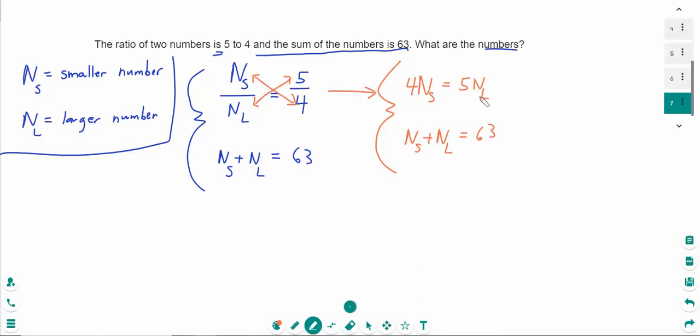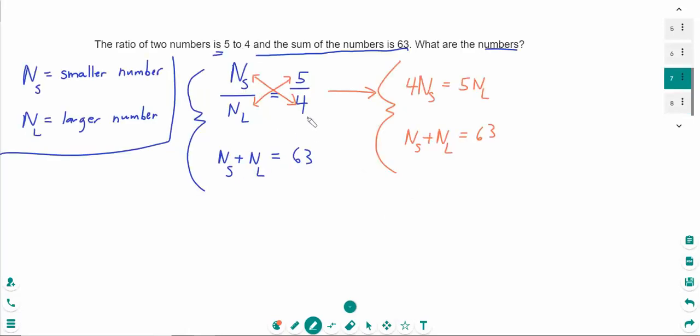If you try to use substitution, I would probably use the second equation to solve for the n sub s or n sub l, and then plug that into the first equation. Might be the easiest way to go. Otherwise, you could do some elimination here as well. That would also work. So anyway, that is the system of equations for that particular problem.